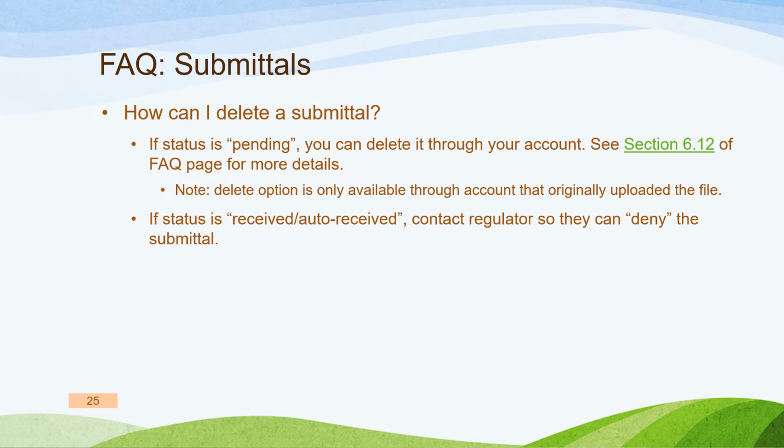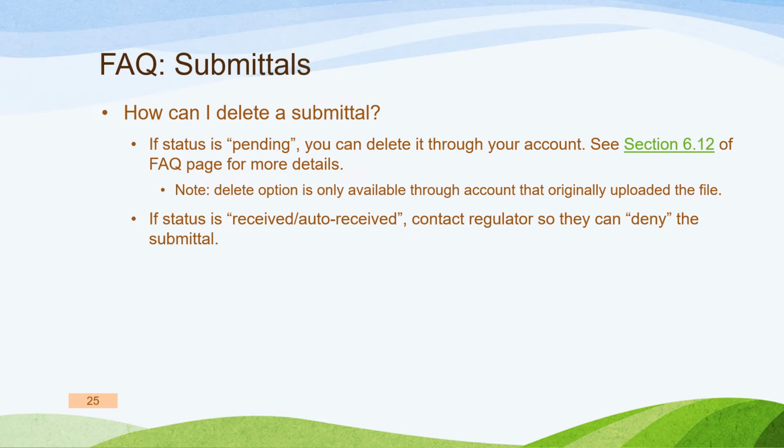One final thing I want to talk about with submittals is how to delete a submittal through your account. This process can be done, but there are some criteria that you may need to know before you are able to do this. One is that the status of that document type needs to still be pending. If it's listed as received, then you would need to go to your local regulator and ask them to deny that particular submittal.